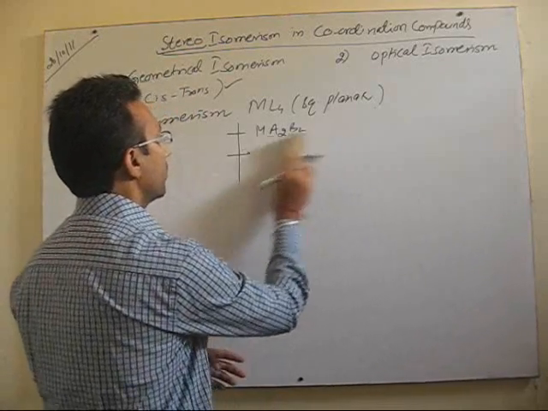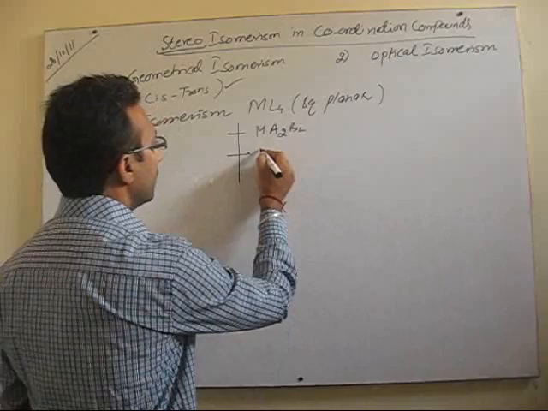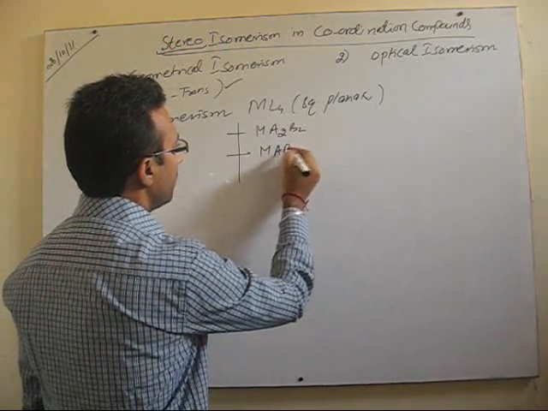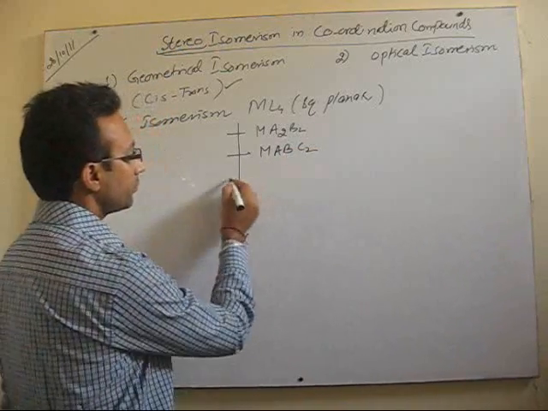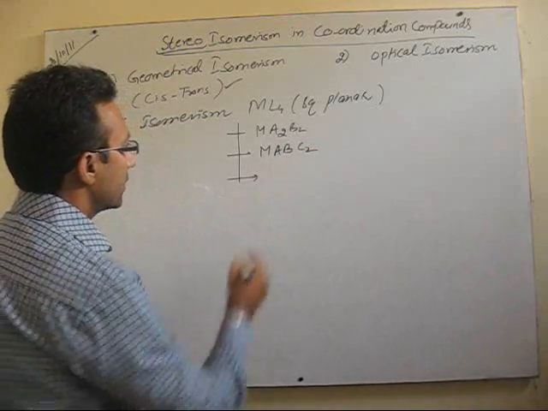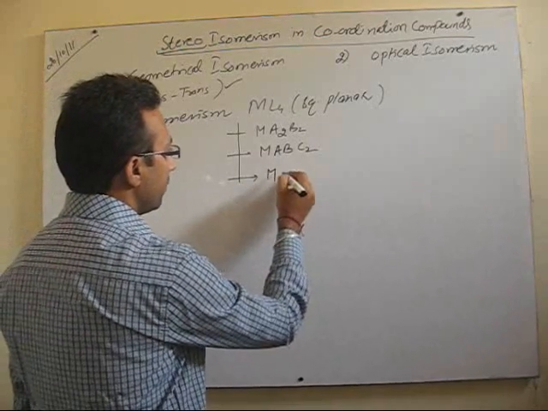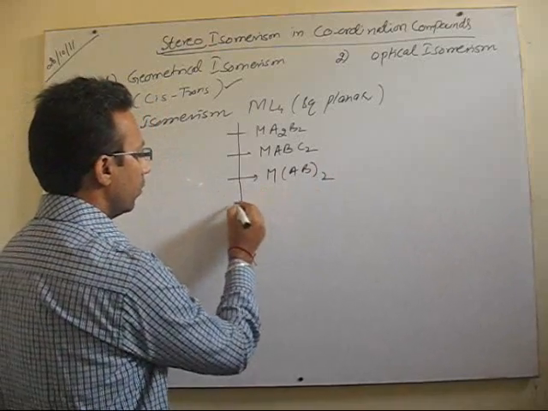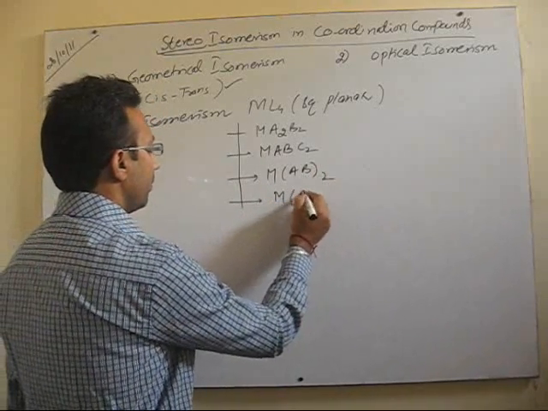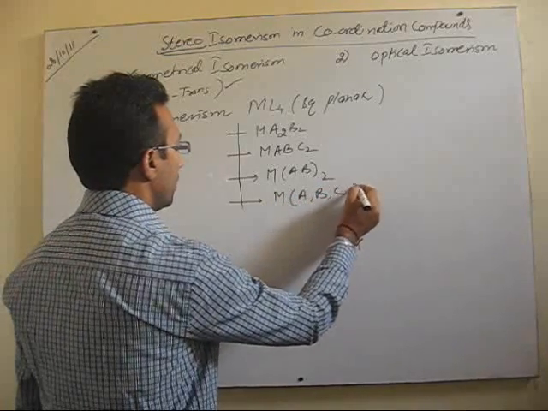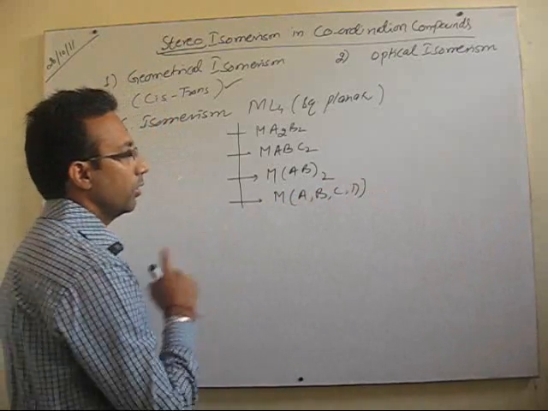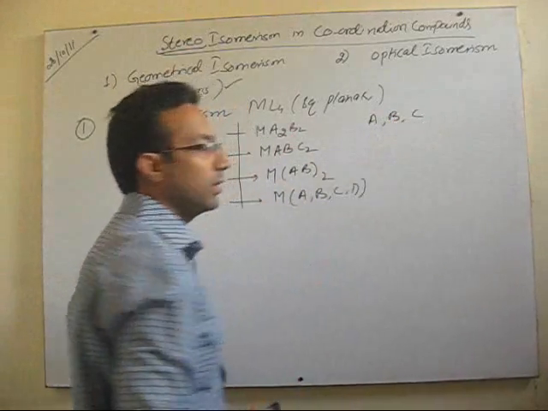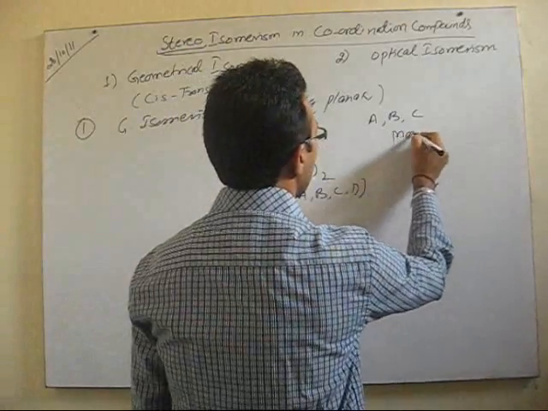Just wait, I'm sorry. We have another example here, MABC2 type. The third example we have here is M(AB)2, and one more, it is MABCD type.